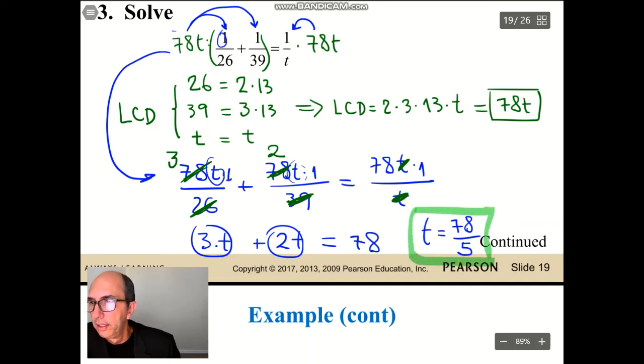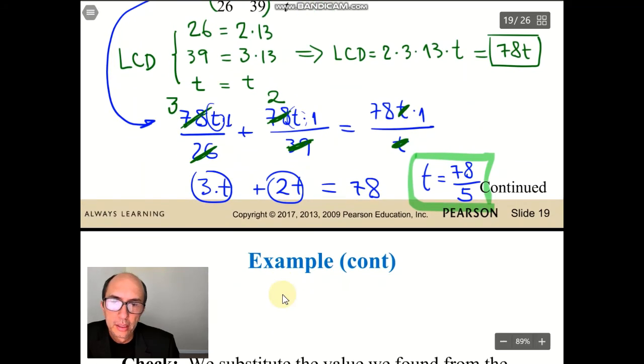That means the time that the roofers will spend working together, you divide 78 by 5, you're going to find approximately 15.6 hours.